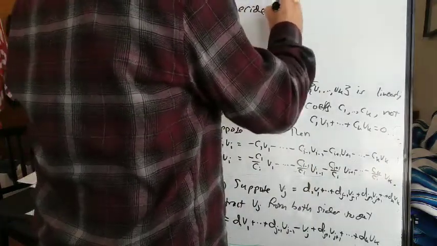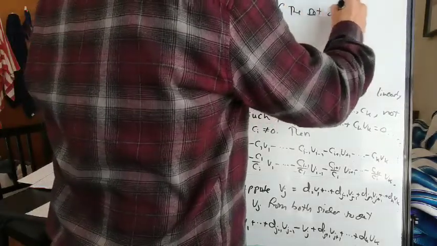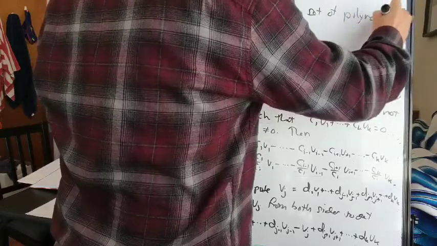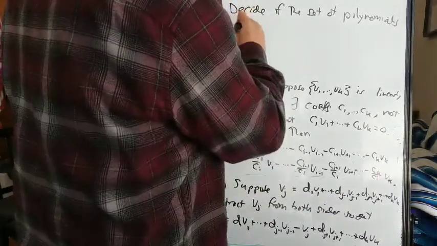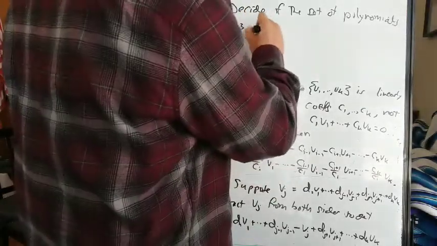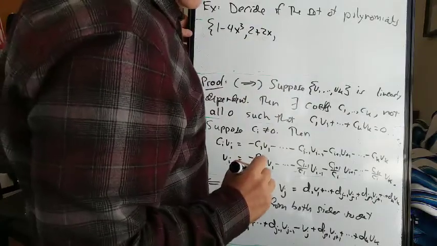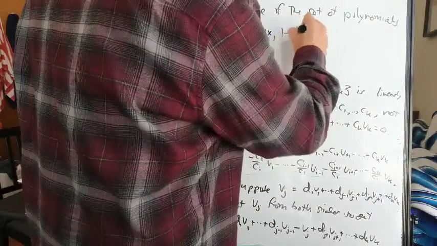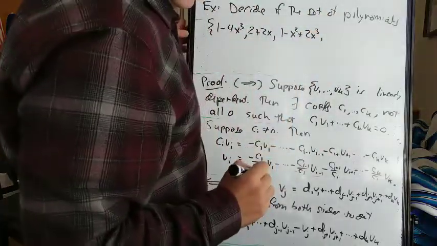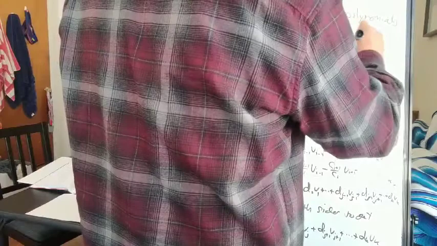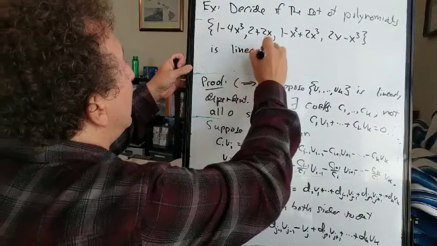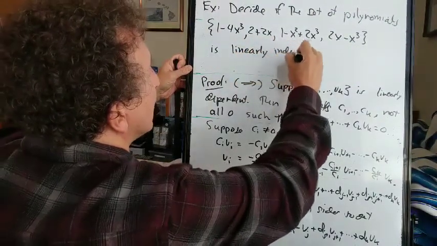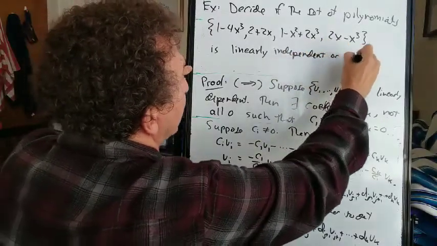So let's decide if the set of polynomials (1 minus 4x cubed), (2 plus 2x), 1 minus x squared plus 2x cubed, and 2x minus x cubed is linearly independent or dependent.